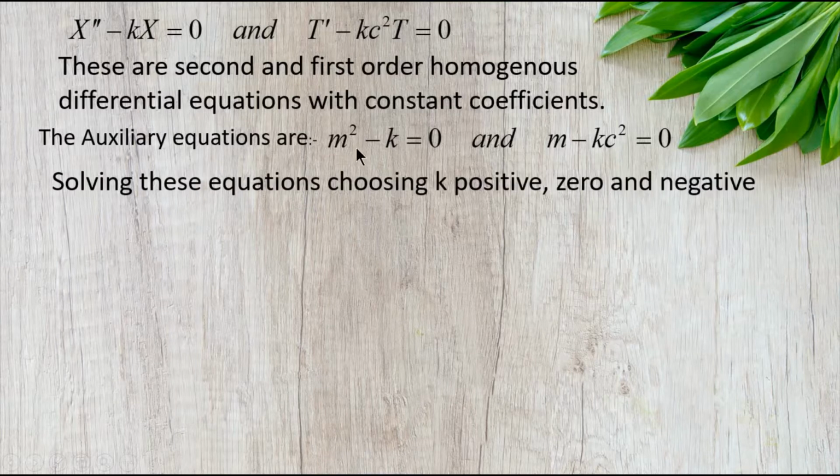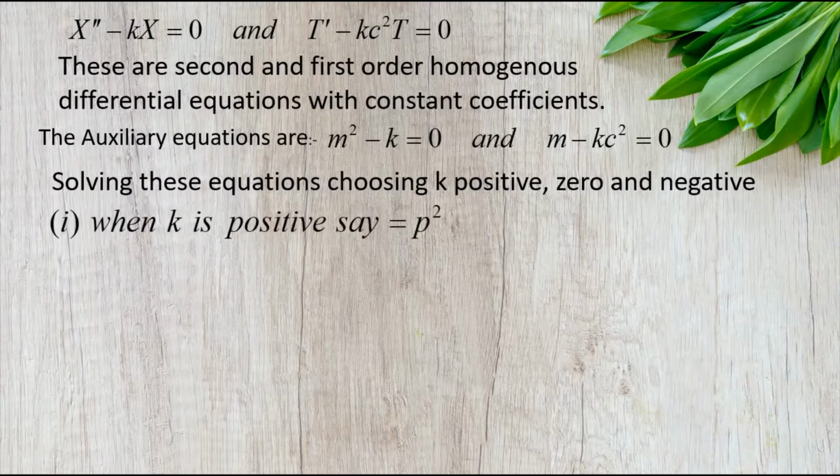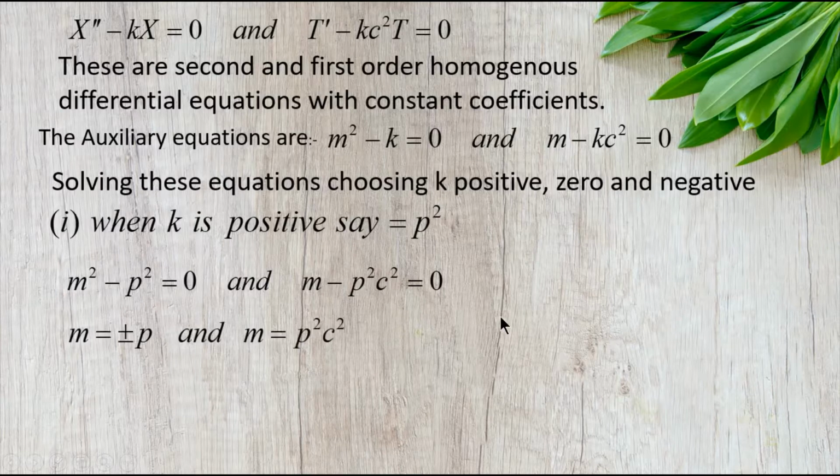Now upon solving these equations by considering different values of k, that is when k is positive, 0 and negative, we get the roots. Consider k as positive, so take k as p². p² is always positive, so k = p² is substituted in the auxiliary equations, and then we get these equations. Upon solving the roots, we get ±p and p²c².